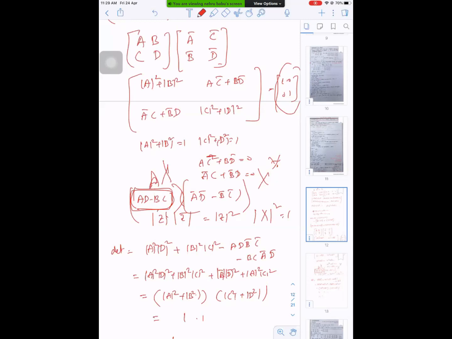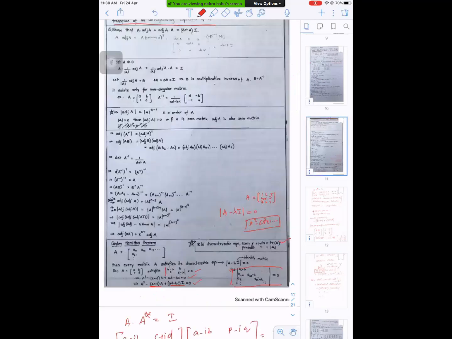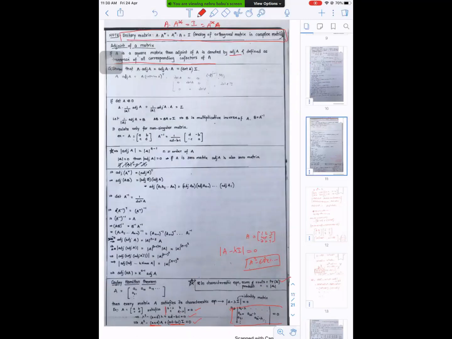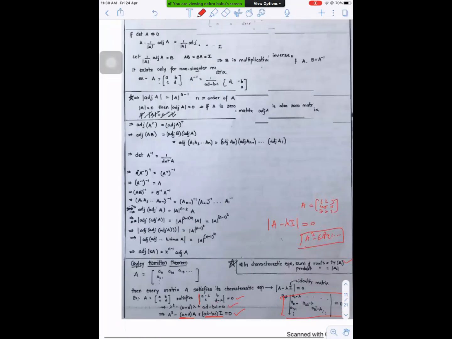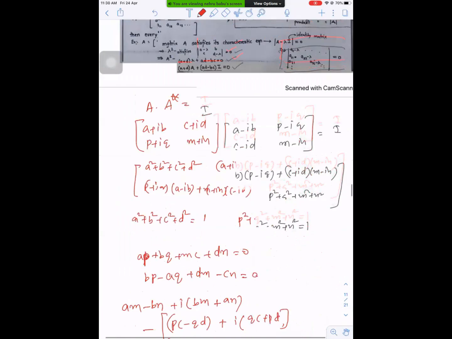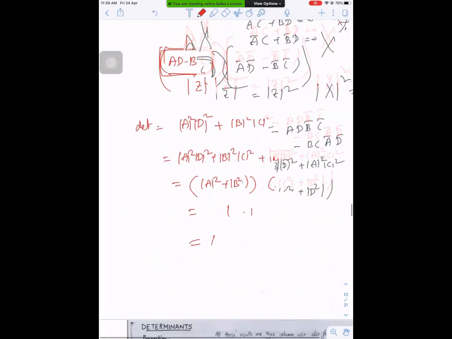Any doubt in this property now? Okay, time is there for your next class. In the next class, I will discuss adjoint properties, which are very important. After that, we will see one or two questions on product of det.